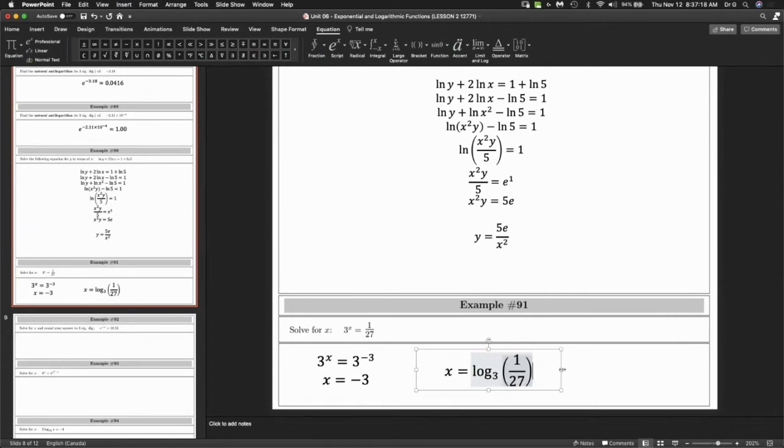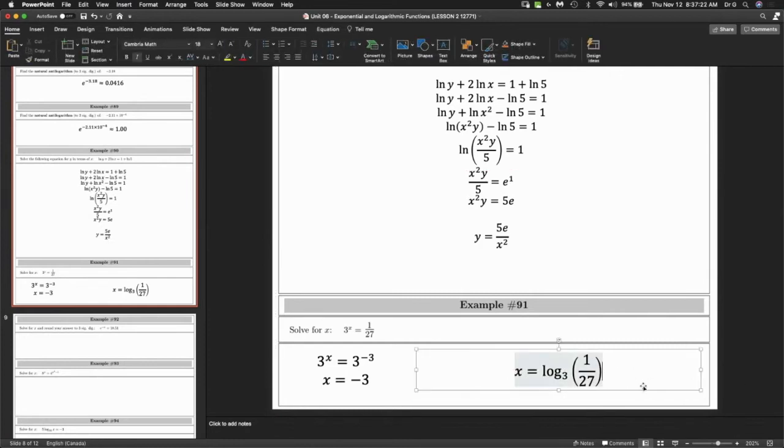And that's what we did in the first 10 minutes today. At some point, in the first 20 minutes, I showed you how to type that on your calculator. We could convert this to base 10, or ln if you want. So you would do ln of 1 over 27 divided by ln of 3, or log. It doesn't matter which one you choose. And you would get -3.